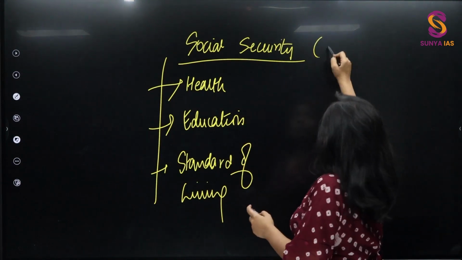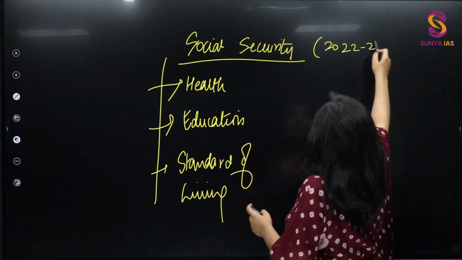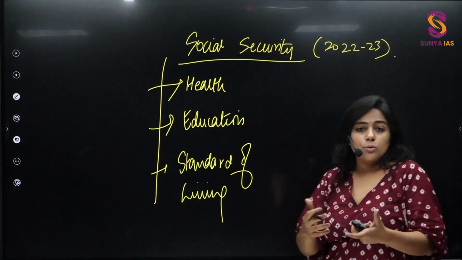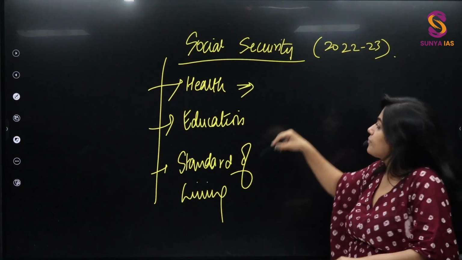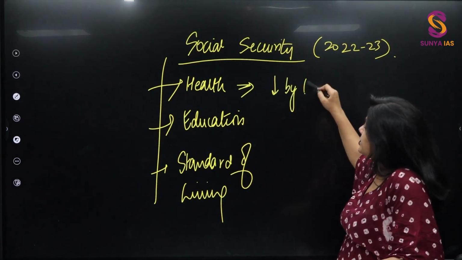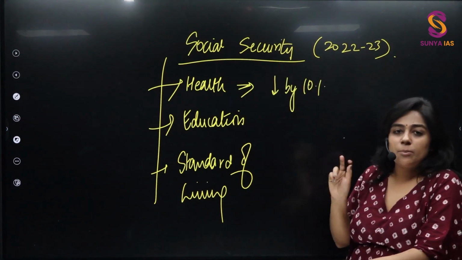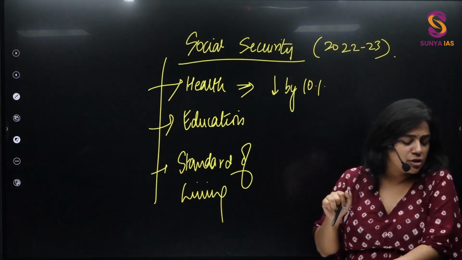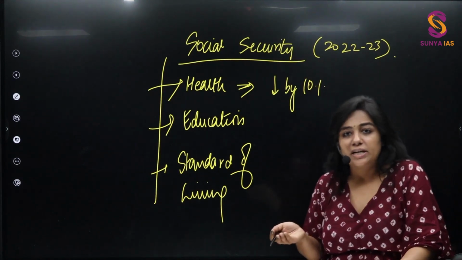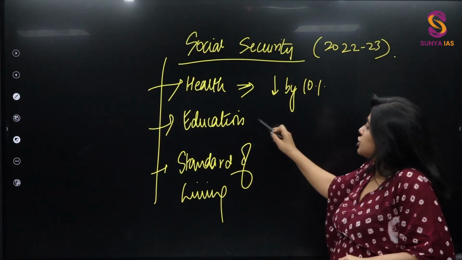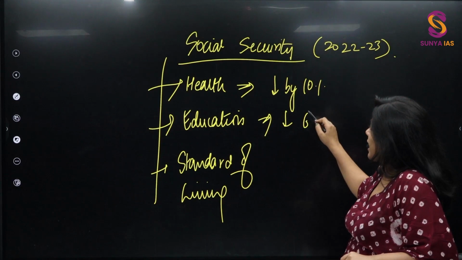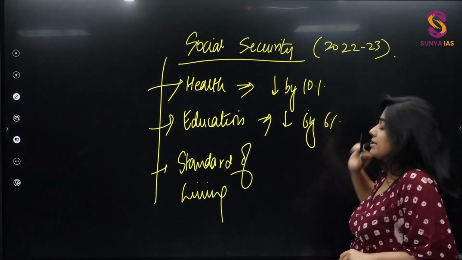So as of 2022-23, this Oxfam report shows that the health expenditure of India has declined by 10%, which is a big problem. The healthcare budget of India has declined by 10%. The education budget of India has declined by 6%.